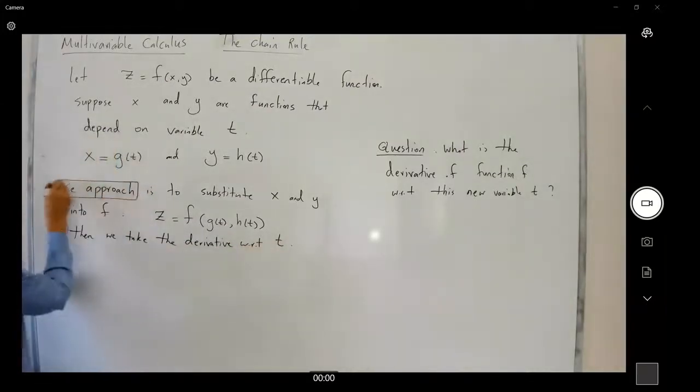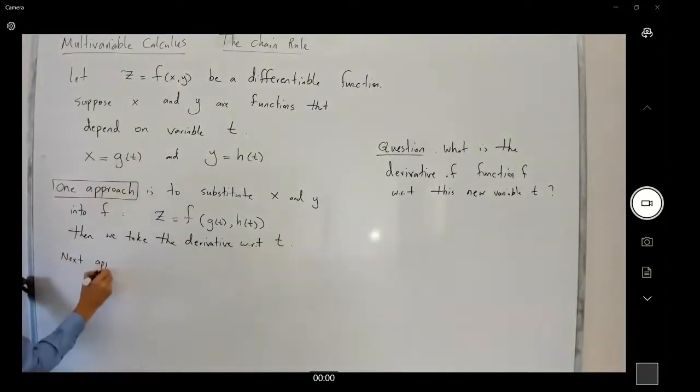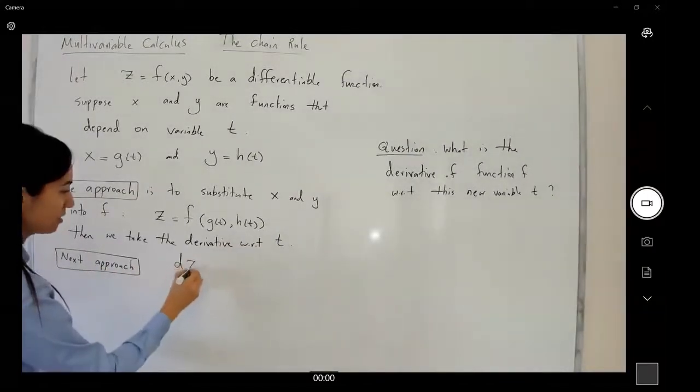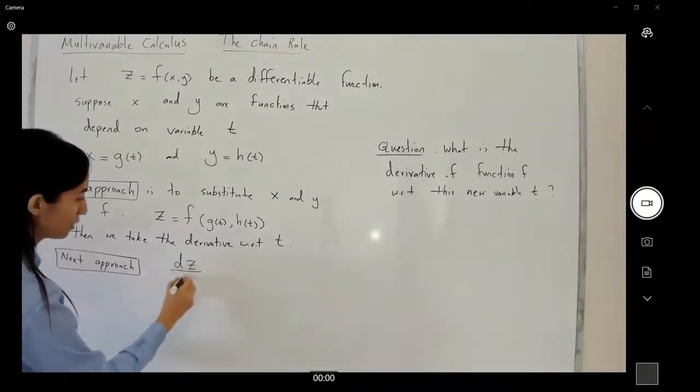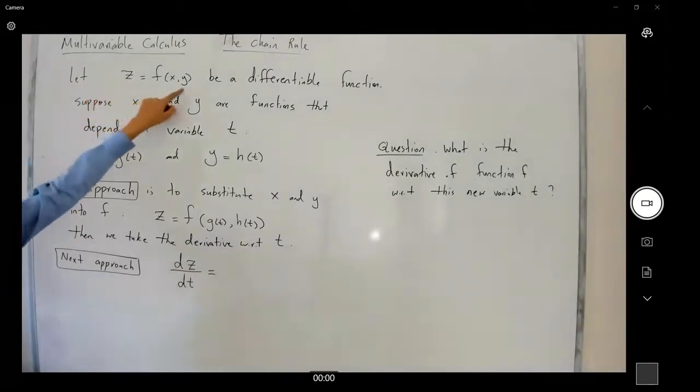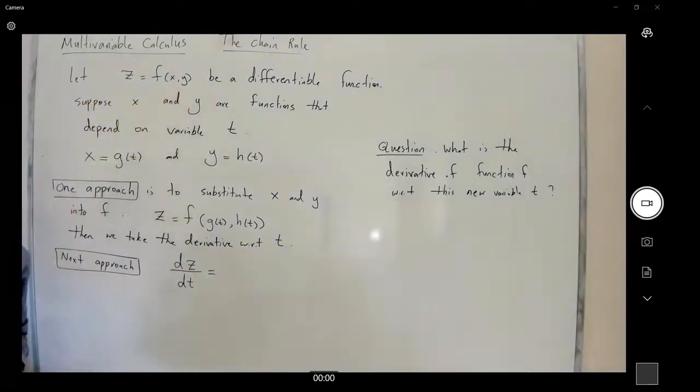The next approach is as follows. We say that the derivative of z with respect to t is defined as, well, z is a function of two variables, x and y.